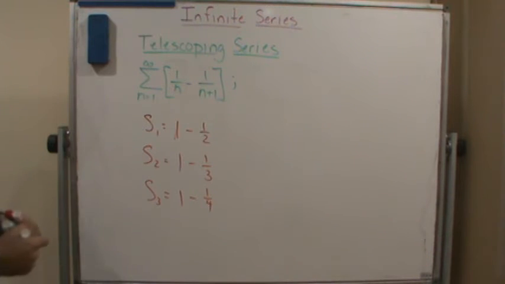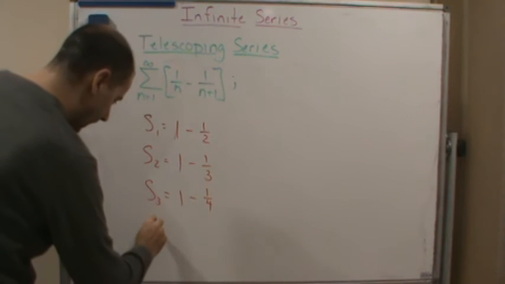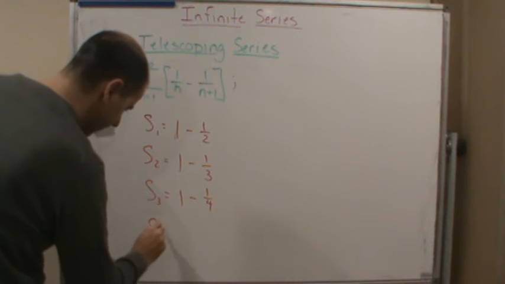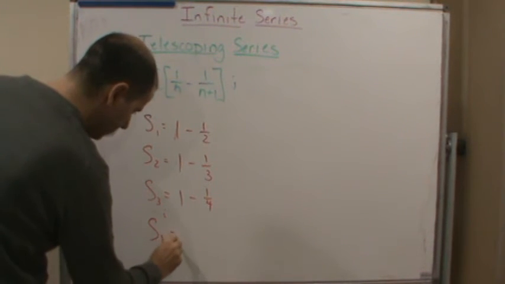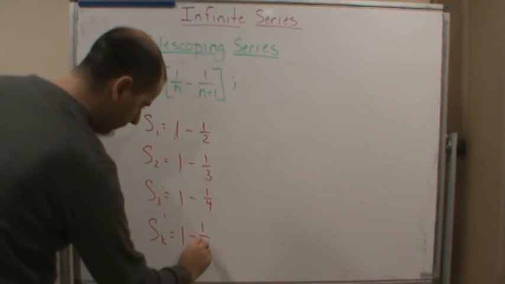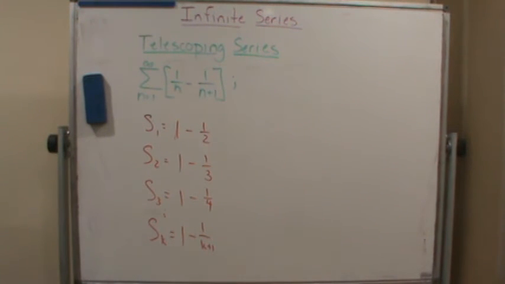So what's going to happen? In the end, my S sub k is just going to equal 1 minus 1 over k plus 1. So where is this taking us?